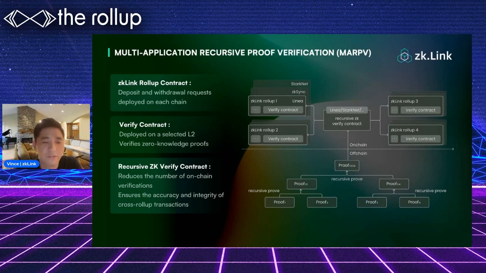This is also something that I'd like to talk about, which is the multi-application recursive proof verification. Why this is needed and why this is interesting, because it can significantly reduce the cost of zero-knowledge proof verification on chain.